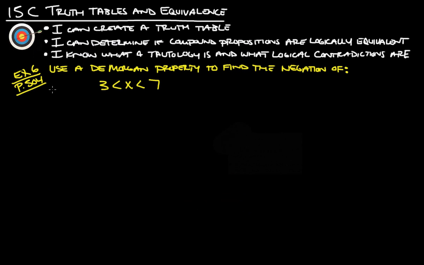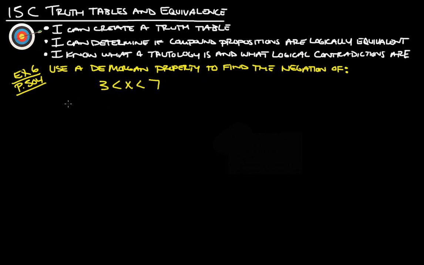So, example 6 from page 504 has us use a DeMorgan property to find the negation of 3 is less than x and x is less than 7. So what we really want to do is figure out the opposite of that.